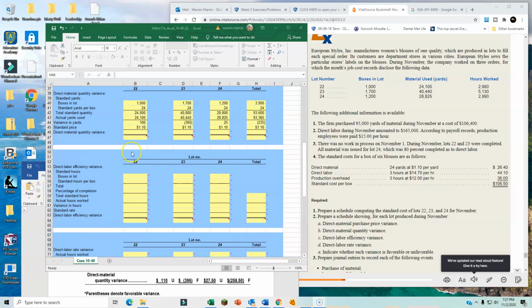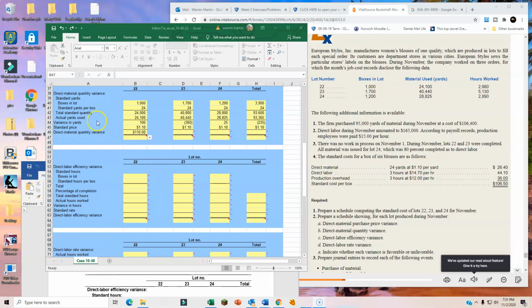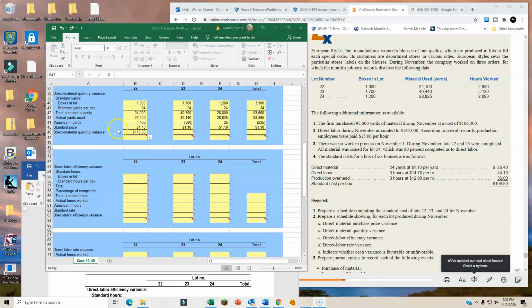Here we subtract and come up with the difference, like negative 225. The standard price is given to us over here. Again, the material is 24 yards a box at $1.10 a yard, so that's where that 1.10 comes from. And then this next part here, we already have the standard price, direct material quantity variance.